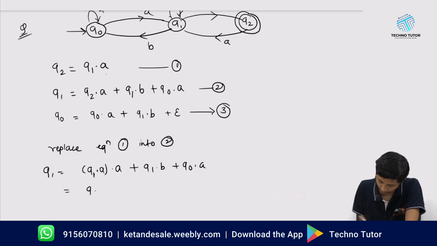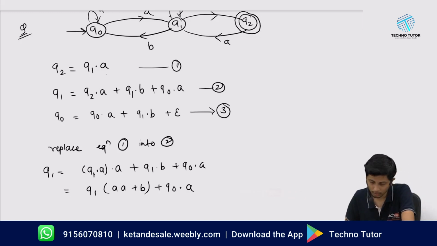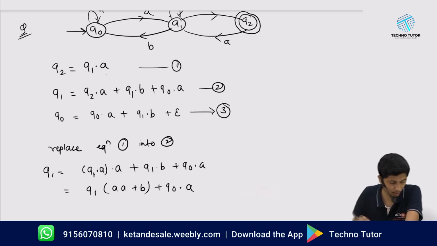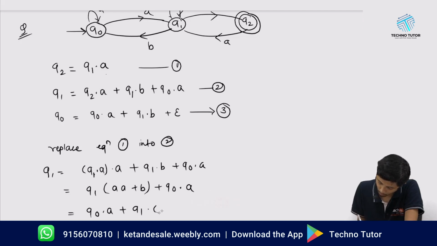So I can take Q1 common, and my expression becomes like this. I will map it to R is equal to Q plus RP. Suppose I restructure it like this: Q0A plus Q1 into A plus B, or B plus A, anything.